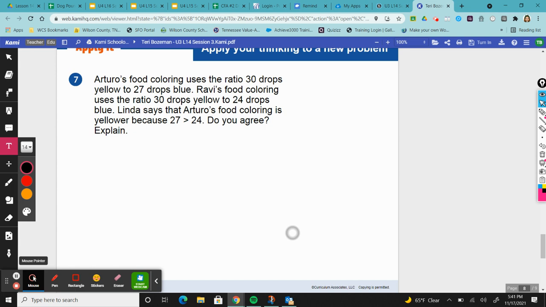If you're wanting to compare the yellow, then the other part, which in this case is blue, needs to be the same. So if that blue is the same in your ratios, then yes, you're ready to compare your yellows. Just keep that in mind when you're explaining. All right. So answer that question on your own. If you have any questions for me about it, please reach out.